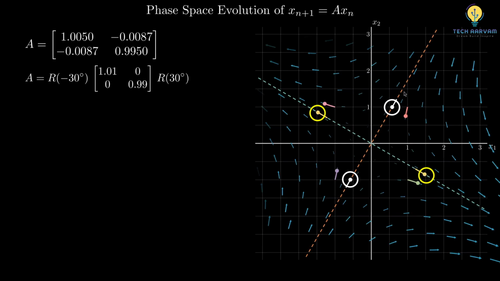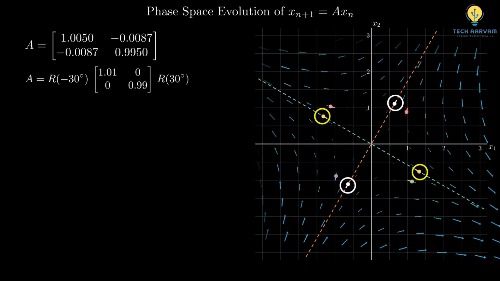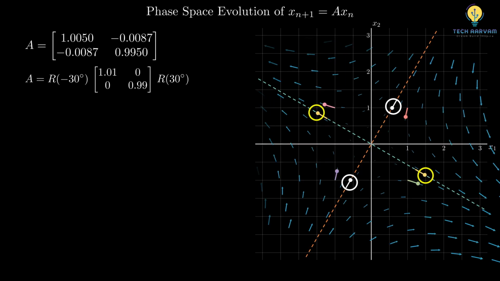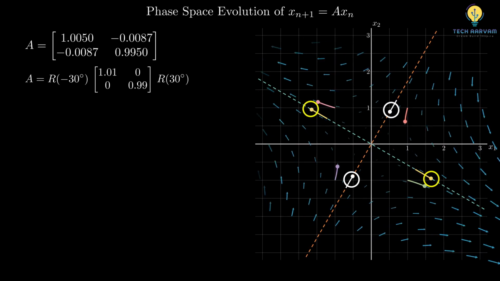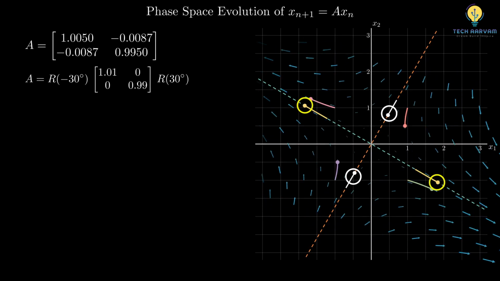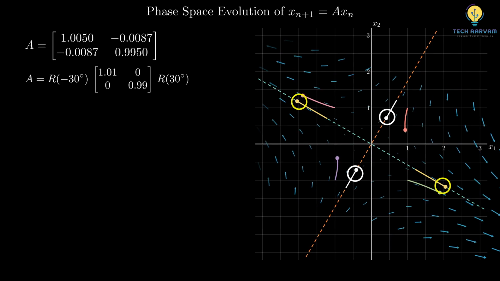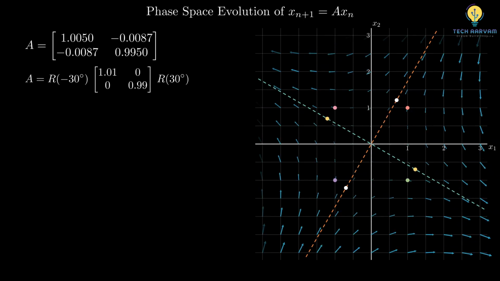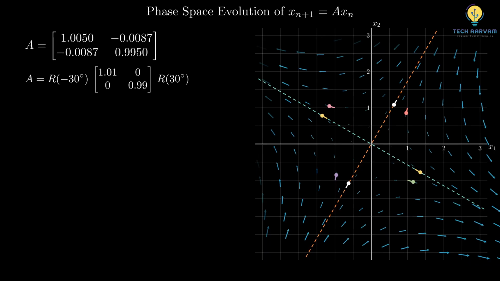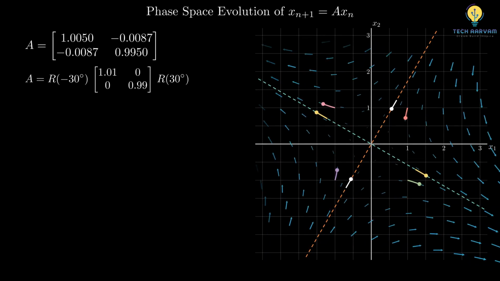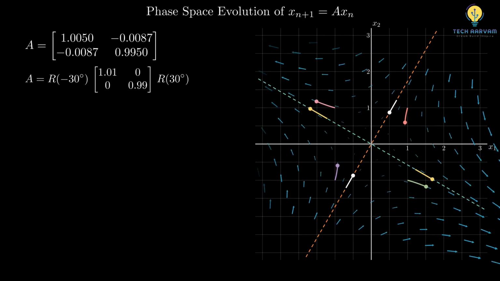They are traveling along the respective orange dotted line and the green dotted line. That is, their direction did not change. The yellow one is expanding, flying out. The white one is flowing towards the origin. That corresponds to sigma 2, which is compressing. Those are the observations that we have.